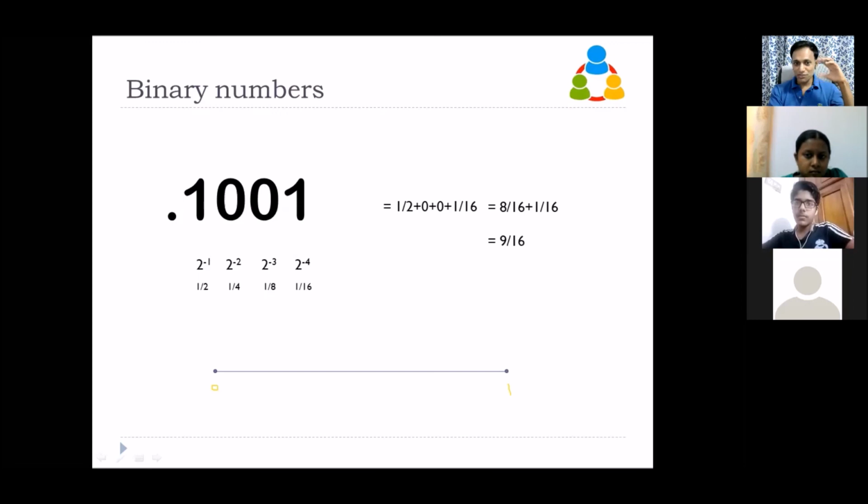If it was the decimal system, we would have divided it into 1, 2, 3, 4, 5, 6, 7, 8, 9. So if this number was 10.72, we will take 10, we will take 11. Between 10 and 11, we will divide it into 10 pieces, we will mark 0.7. But here we can't do that. We have only 2 numbers. It represents everything with 0 or 1. So we divide this into 2.